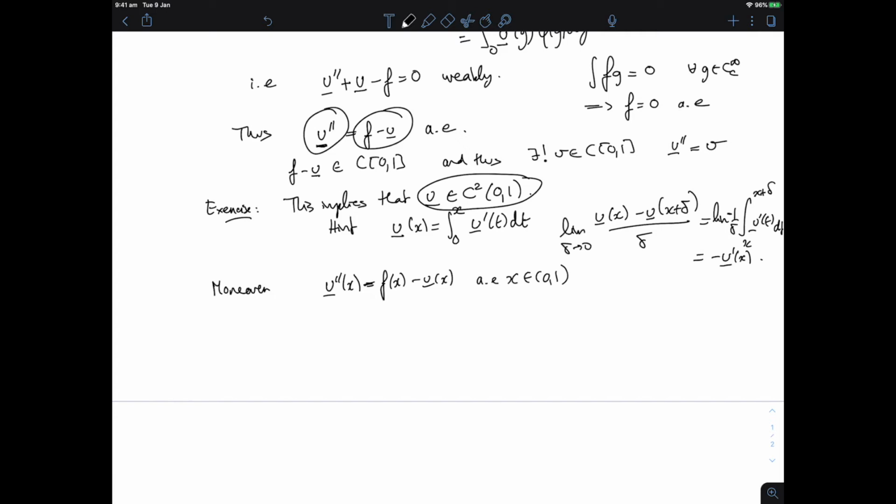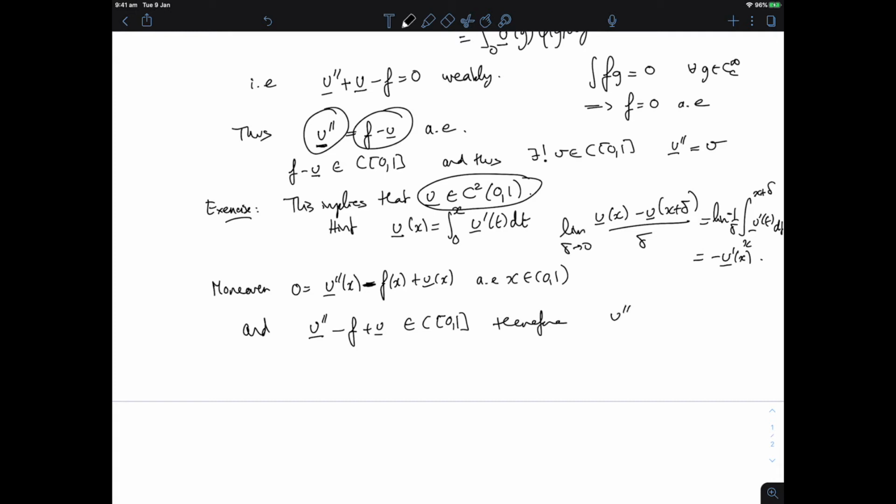So let's write it like this: minus this plus that equal to 0. And this function u second minus f plus u is continuous. Now when you have a continuous function which is almost everywhere 0, it has to be 0 everywhere, because the only set that is open and has measure 0 is the empty set.